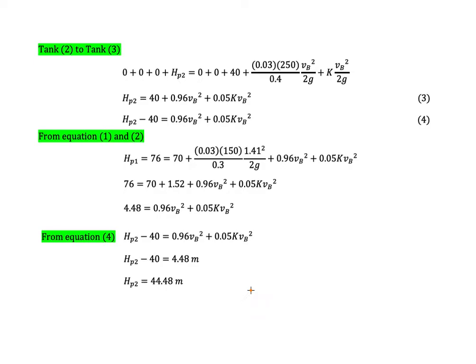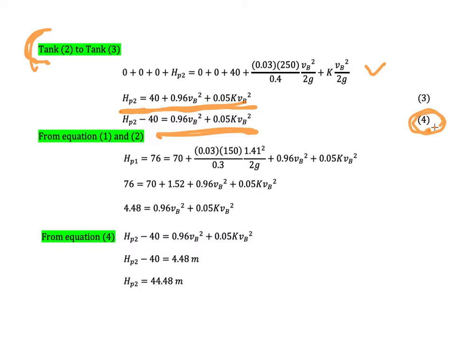And then we try to do another Bernoulli equation from point number 2 and point number 3. And then we could get this one. And then we could have the head of pump for 2 equal to this equation, and then we could rearrange it to become equation number 4.